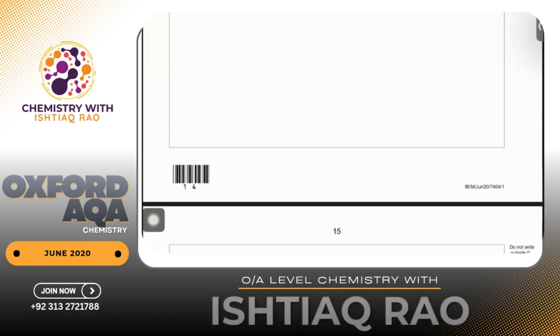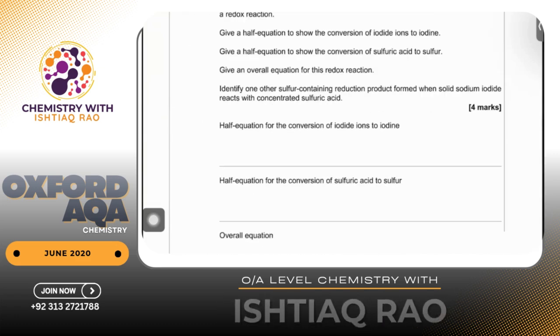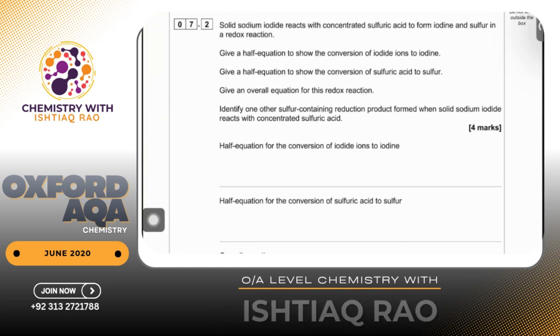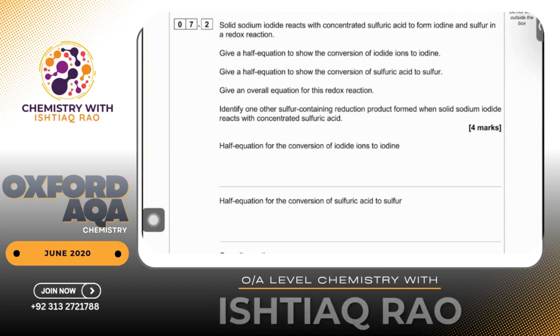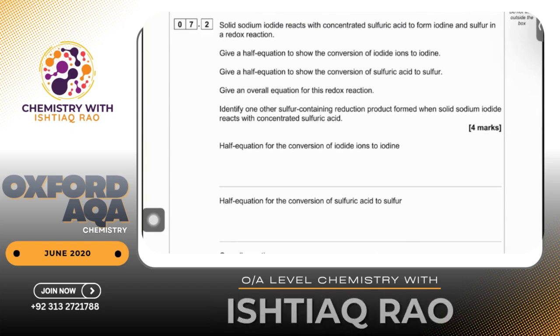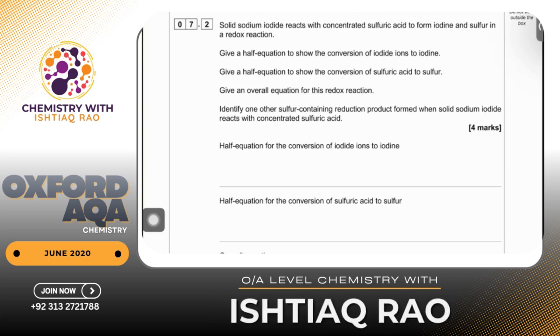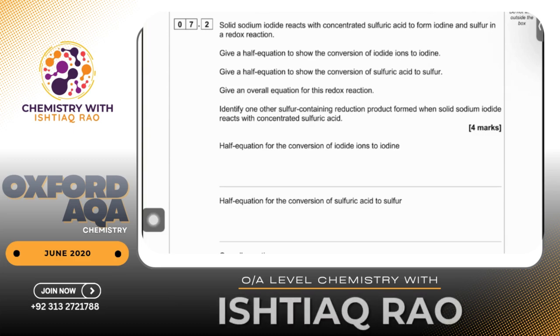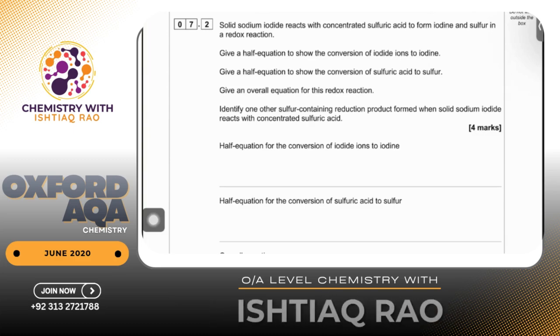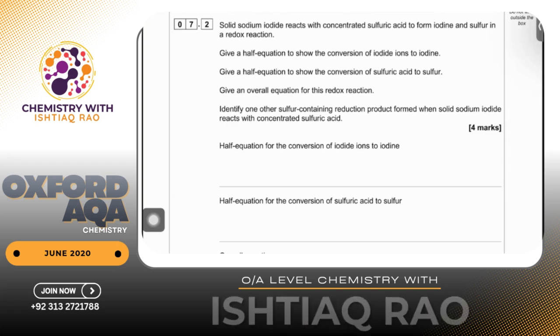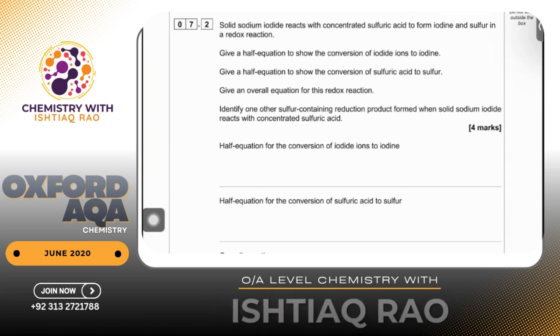And they are saying solid sodium iodide reacts with concentrated sulfuric acid to form iodine and sulfur in a redox reaction. Give a half equation to show the conversion of iodide ions to iodine. Give a half equation to show the conversion of sulfuric acid to sulfur. Give an overall equation.